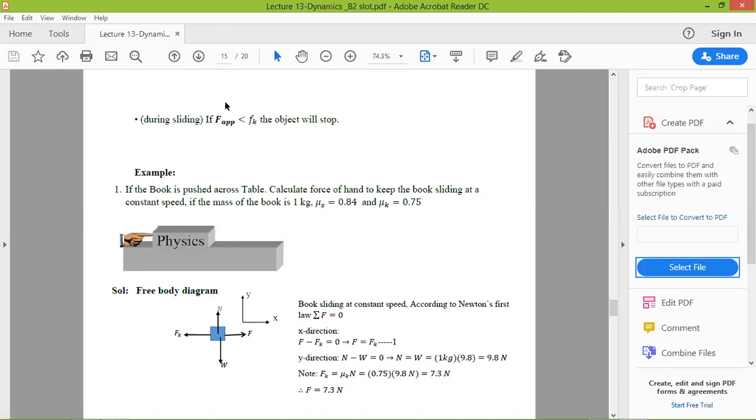If the friction force is larger than the applied force, even if the object was moving, it will eventually stop. We have an example here. Let's say you are pushing a physics book on the table, then calculate the force.